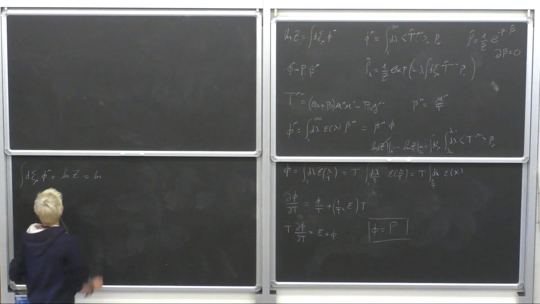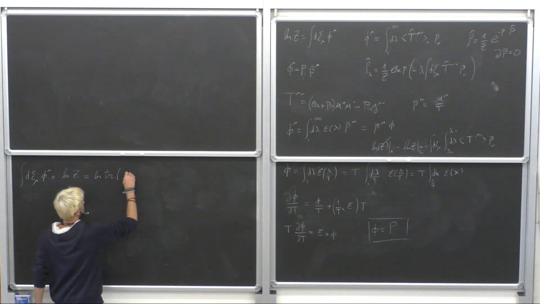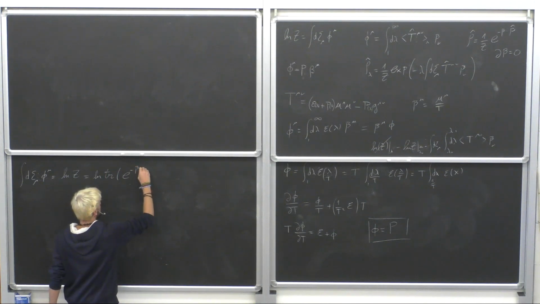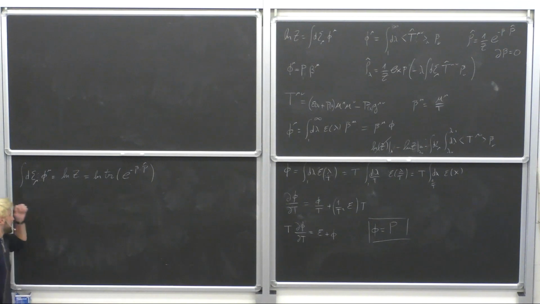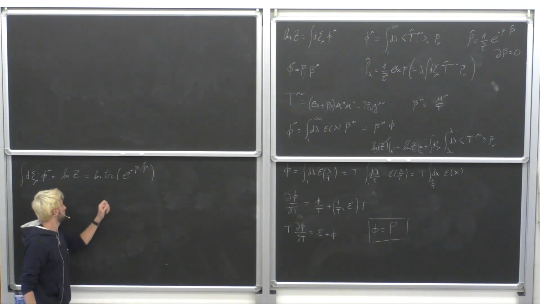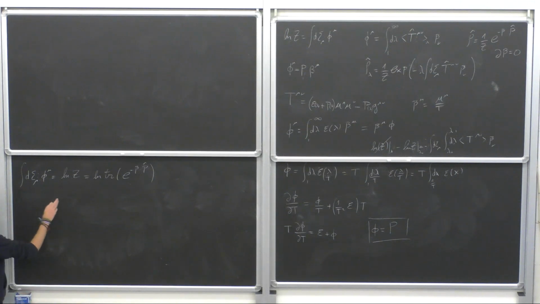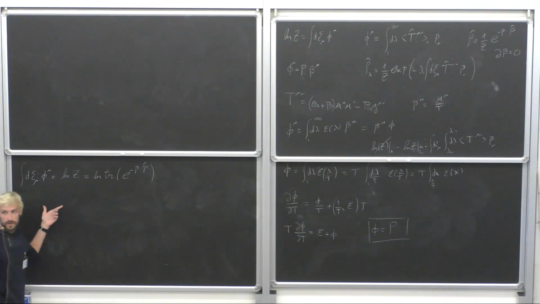So as I was saying, here we have the trace of e to the minus beta dot p. Now, if we take this relation, we can compute, for example, the derivative with respect to beta mu of our logarithm of the partition function. Let's put also a minus sign for convenience.